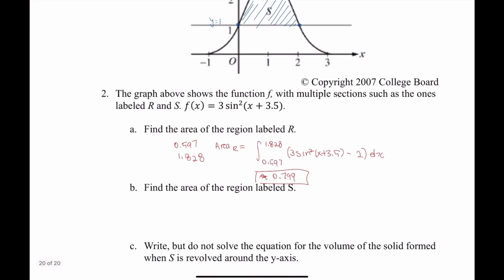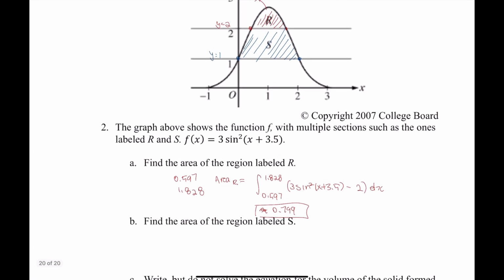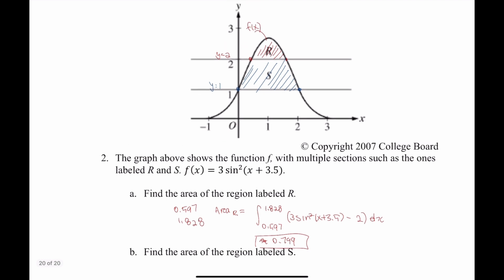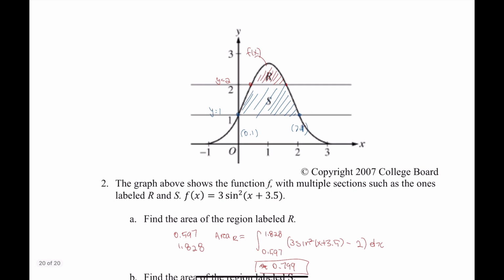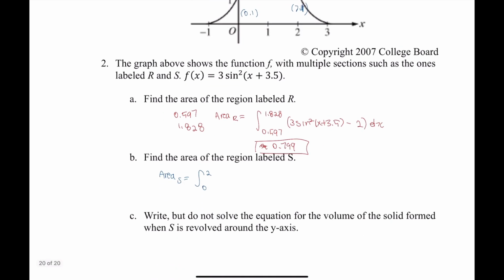Okay, so in that case, we already know the intersection points, right? We have 0 and 1, and then 2 and 1, so we know the limits of integration. So area of S equals the integral from 0 to 2, and the top function, which is f of x, is above y equals 1.